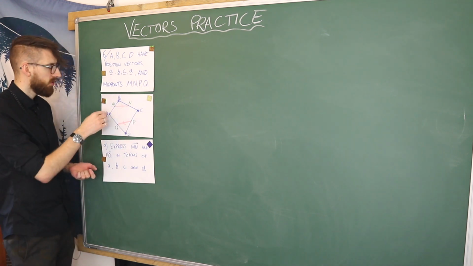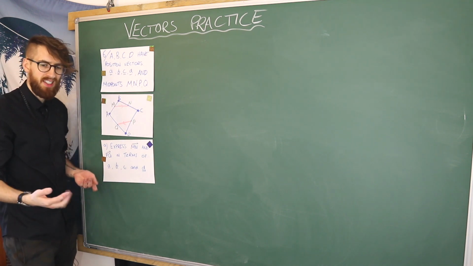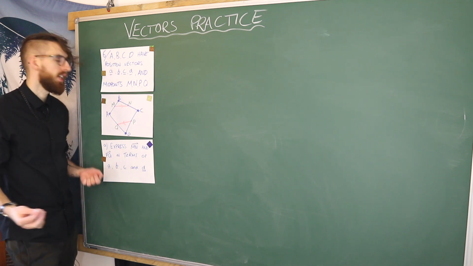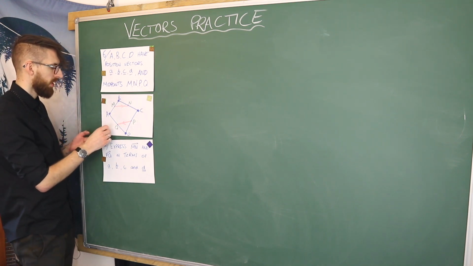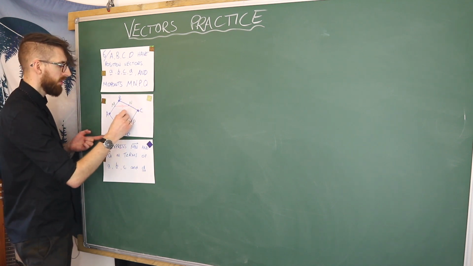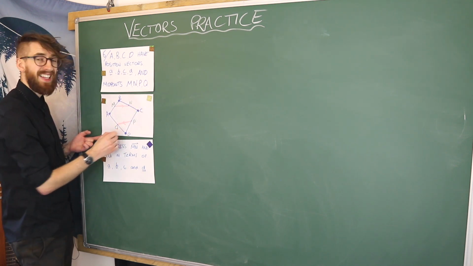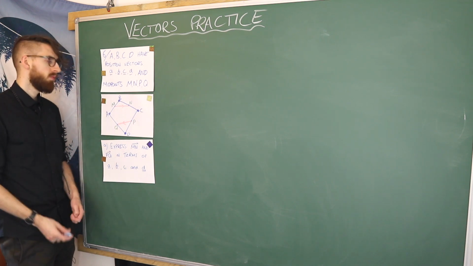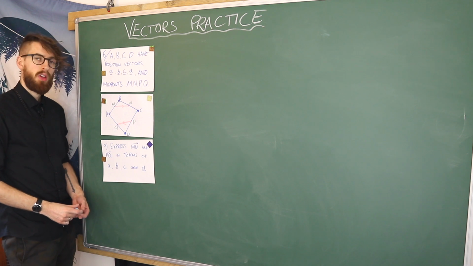Well, we have to do it in terms of A, B, C, and D. What we could do is write on A, B, C, and D, but we don't know where the origin is. We could just say, let's pretend the origin's here. And that might be a little bit easier. Or we could just go all in.